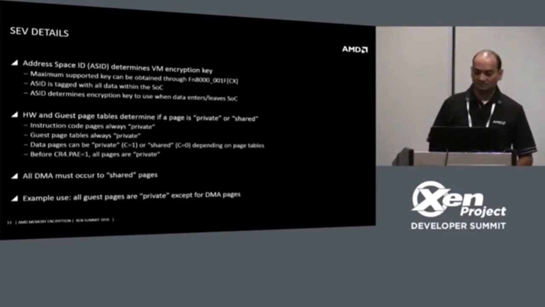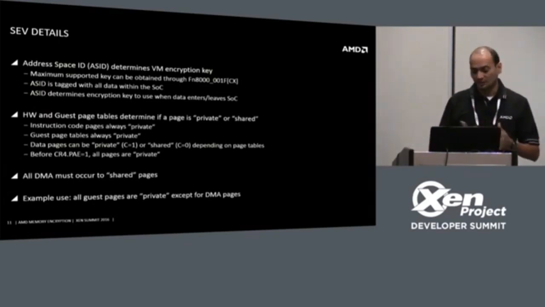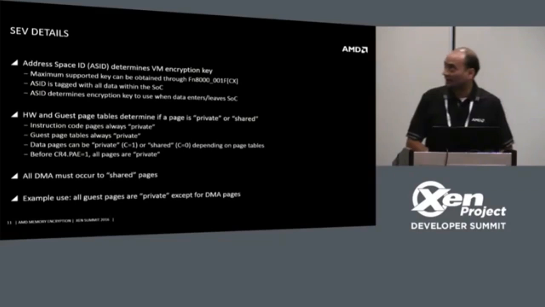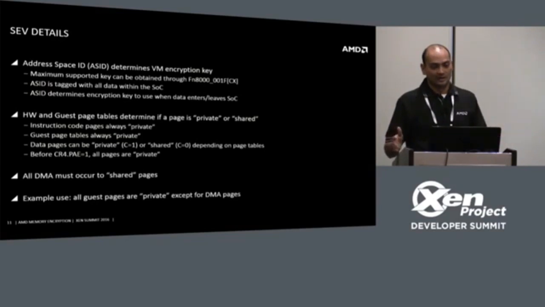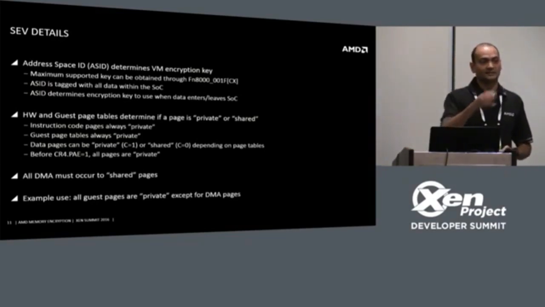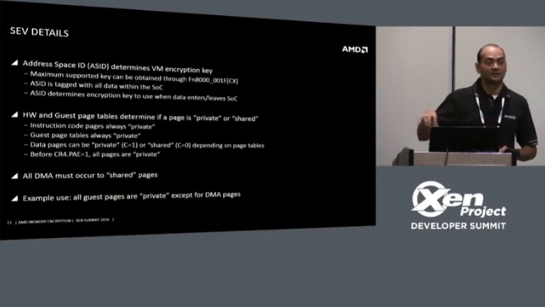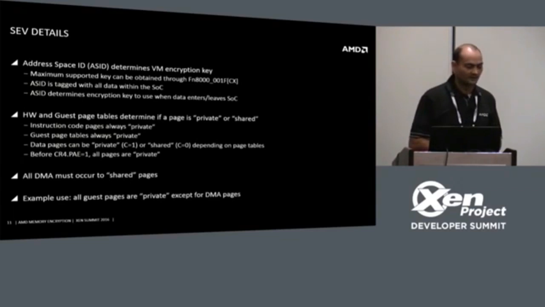And so there is a limited number of SEV guests you can launch. You can call the CPUID function to get the maximum range of ASIDs supported. When you're allocating an SEV guest, pick the ASID from that particular range. You cannot just pick any arbitrary ASID.